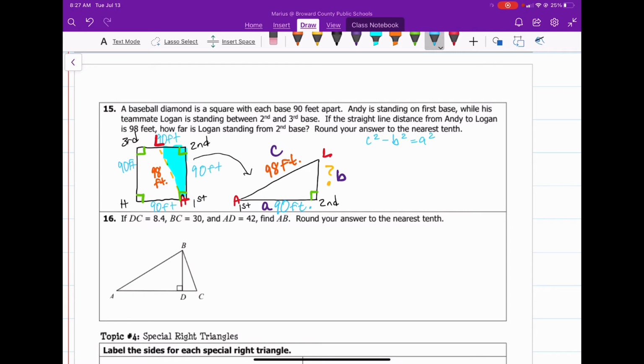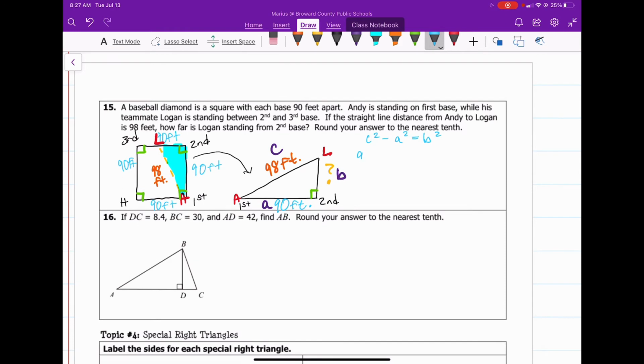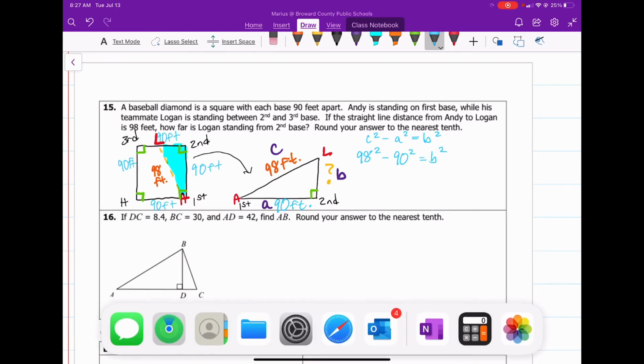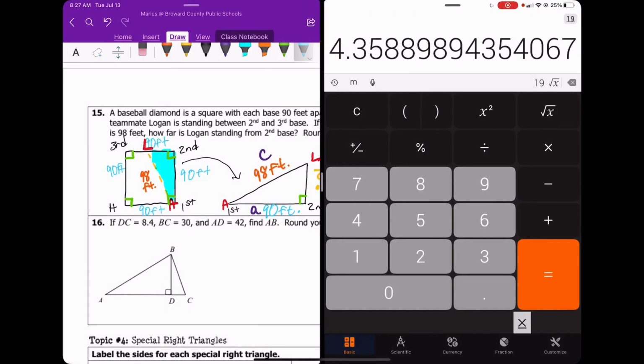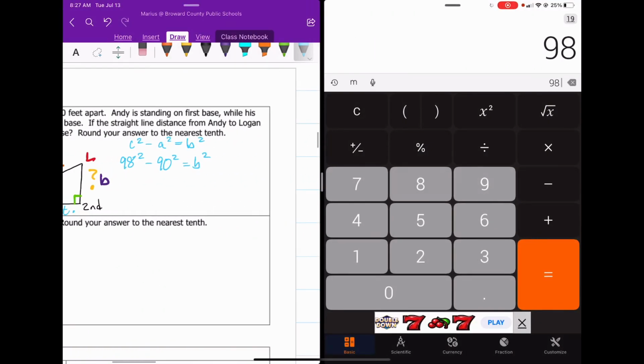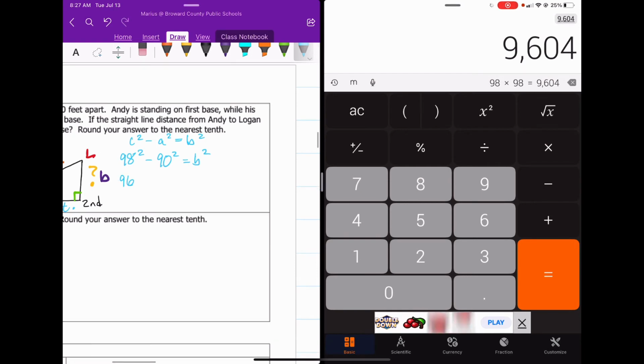But in this case, we need to interchange A and B. Okay, so it's really C squared minus A squared equals B squared. So now we're going to do 98 squared minus 90 squared equals B squared. So I'm going to pull my calculator out for this because these numbers are kind of large. 98 times 98, that is 9604.